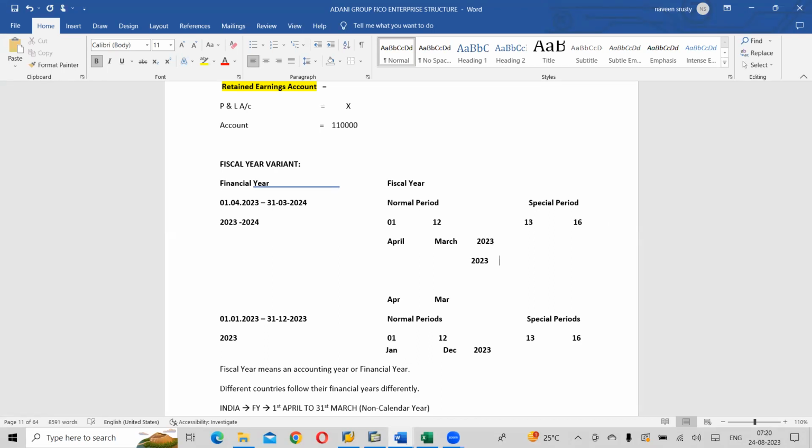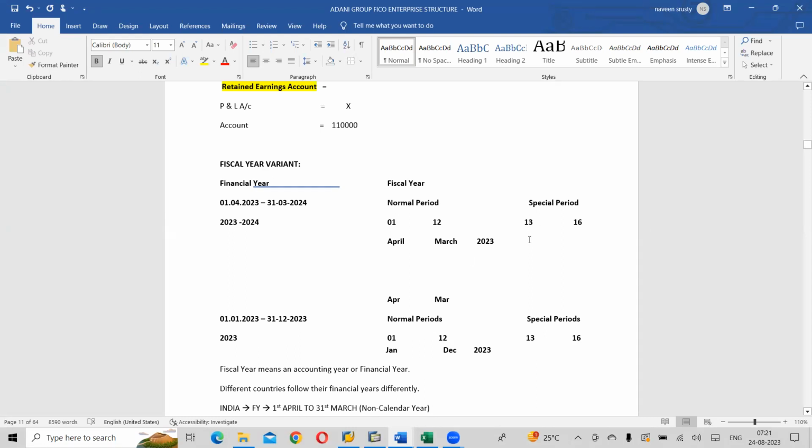Naveen, I have a question. Do you have any cutoff time for the special period postings? We see period 13, 14, 15, and 16 are related to special periods, right? After that, can we go back and post entries? For example, you have submitted your books on 31st March to the auditor. What do you mean by special period 13? 13 is nothing but April 2024.